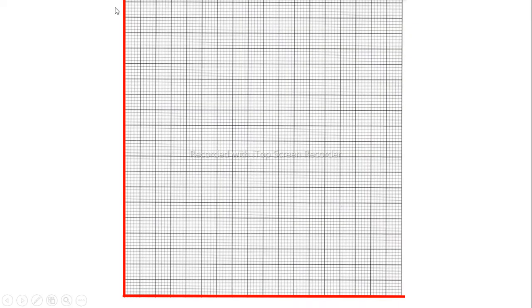All we did was draw in our y-axis and then our x-axis, and now let's label them. This is going to be our y-axis. Please label your axes, people. And this is going to be your x-axis. Label your axes. That's the first thing.